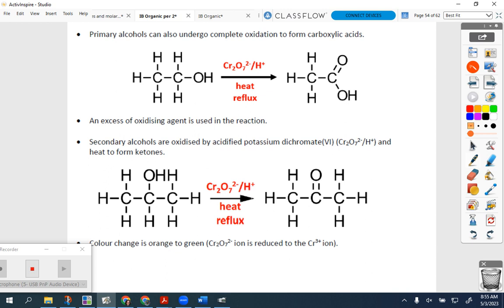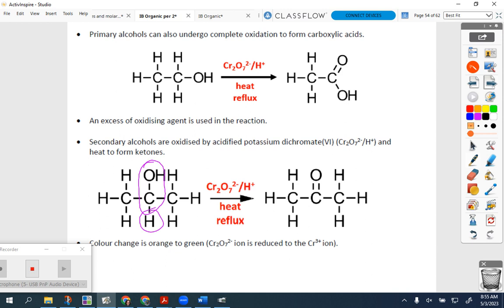Now, if we have our alcohol in the secondary position, that carbon only really has one hydrogen to lose, okay? So we're only going to get one step of oxidation to make a ketone. So we're losing the hydrogen and gaining a double bond to the oxygen. It's not going to break the carbon-carbon bonds. Okay, all we're doing is replacing a hydrogen with an additional oxygen bond.